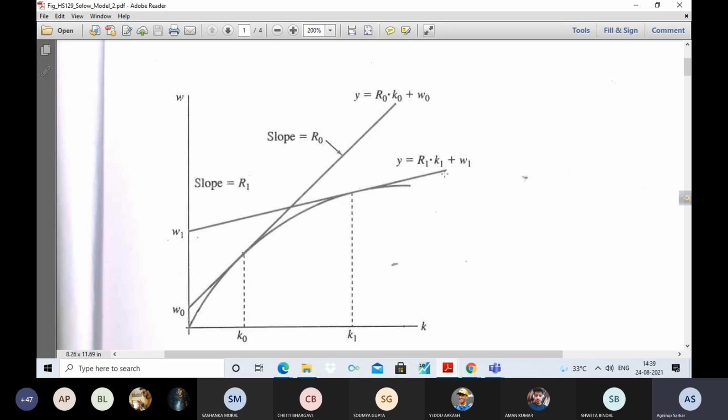So the slope of the income function becomes flatter as capital per worker increases from K0 to K1. Also from this figure, we can see that the intercept, which is small w, increases as capital increases from K0 to K1. The intercept increases from W0 to W1. This is how the wage increases.